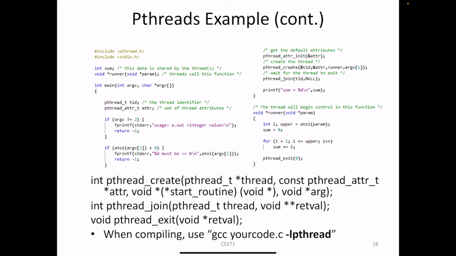Here we use the variable upper to hold it. After we finish the summation, the runner function will call the pthread_exit function to terminate the separate thread and go back to the main thread. Then the main thread will print the final result of sum on the screen.